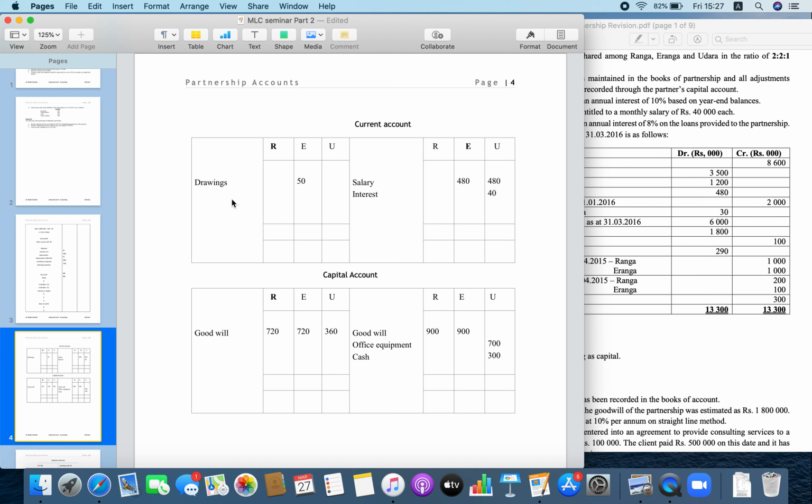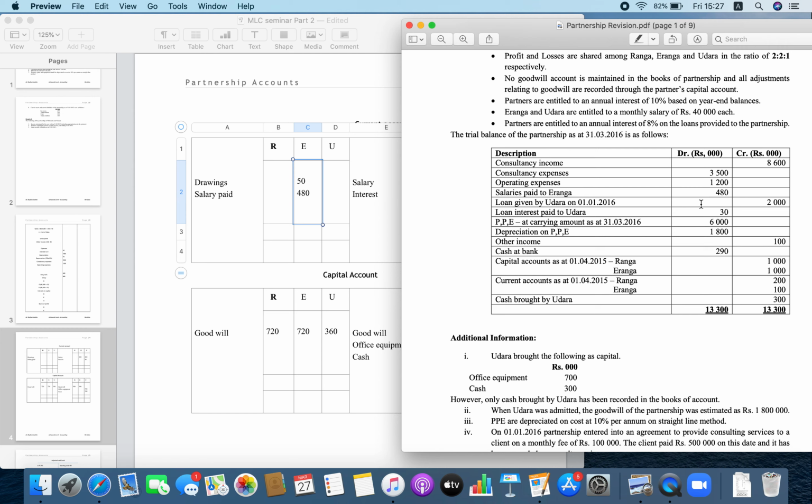So you go to the current account, on the debit side you mark there salary paid. So you go to Eranga over here and please mark over there 480. Loan given by Udara, guys, remember loan will come in the SOFP. We are not doing the SOFP, so that is not a problem. Next one, loan interest paid. So again we are having the same thing here.